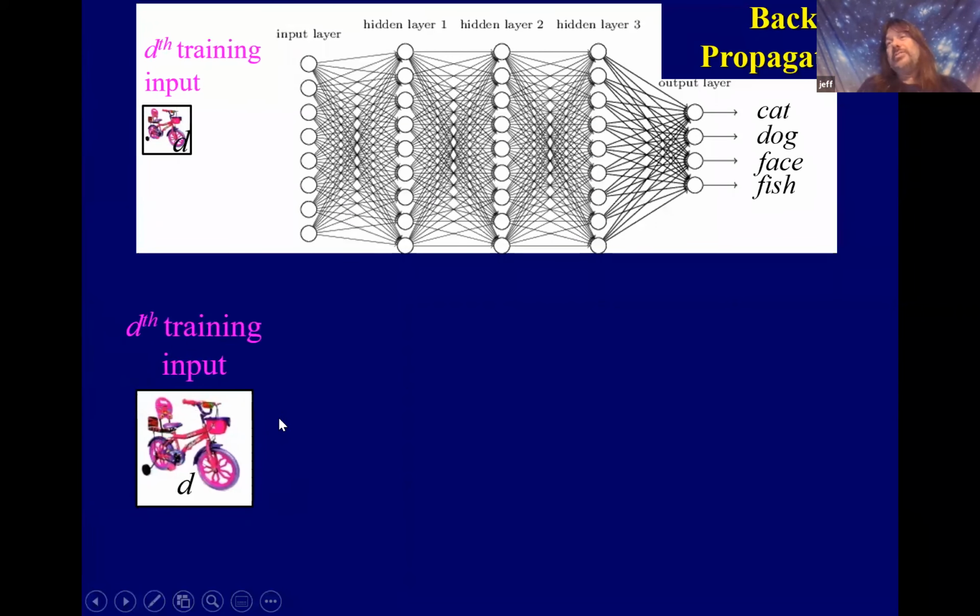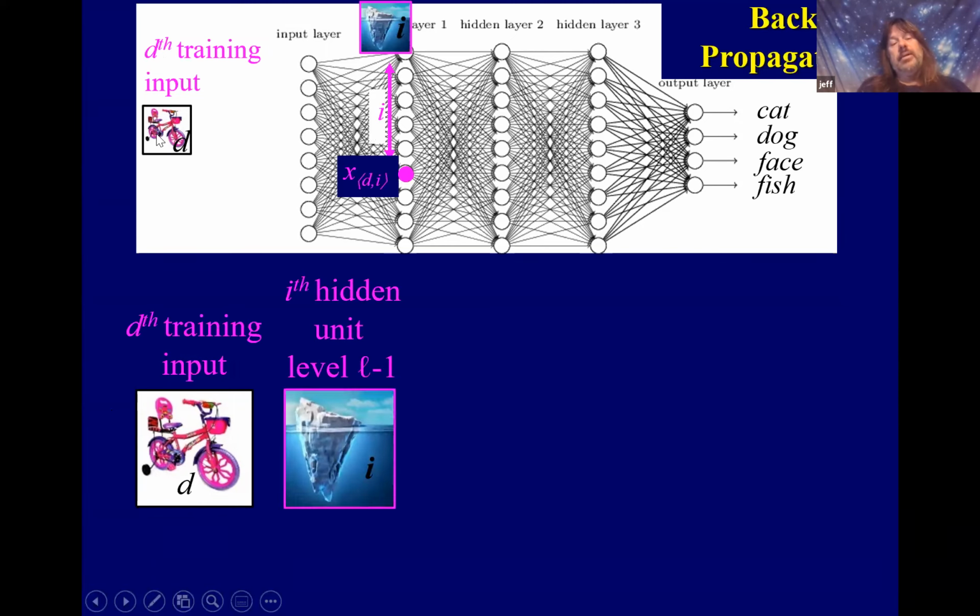It's all going to boil down to matrix multiplication again, and in order to do matrix multiplication, we need to know all our indexes. So let's review our indexes. The first index D tells us which training data we're working on. Index I tells us the ith hidden node at this layer.